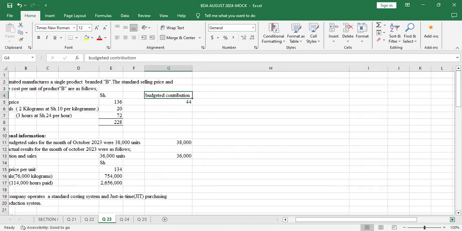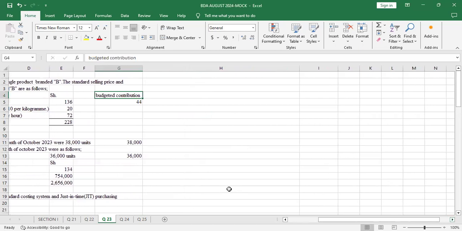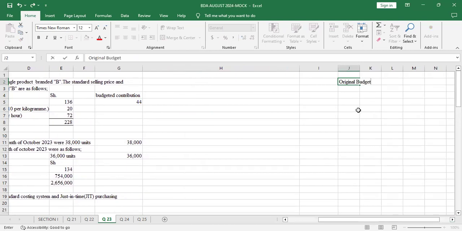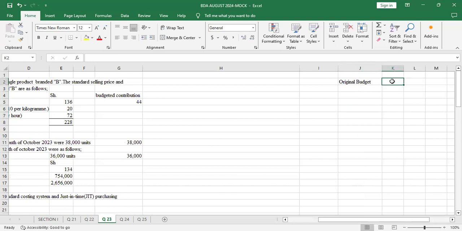Okay, so I'll go straight away. We'll prepare the original budget. So I'll put the original budget. Then we have flexible budget.